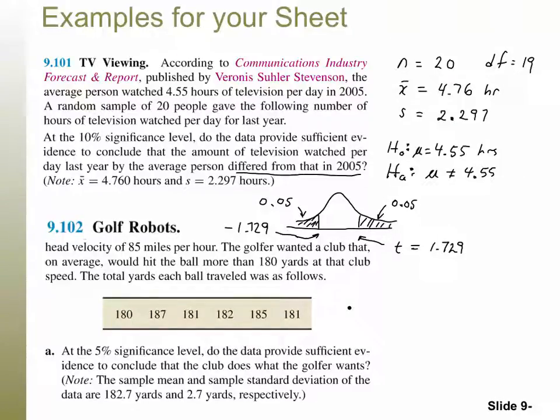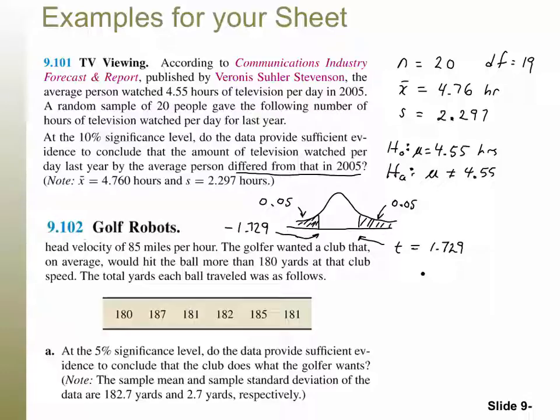So 19 degrees of freedom, and a two-tailed test with 10% significance means 5% on either side. You're going to look in the table where this is 5%, with 19 degrees of freedom. You should have got a T of 1.729. So that's what's called the critical value.